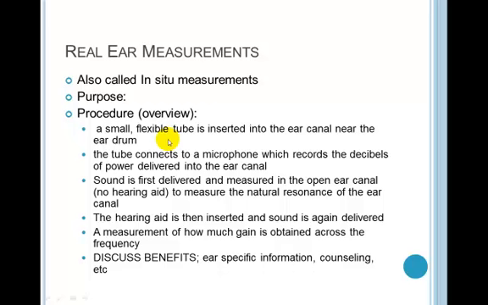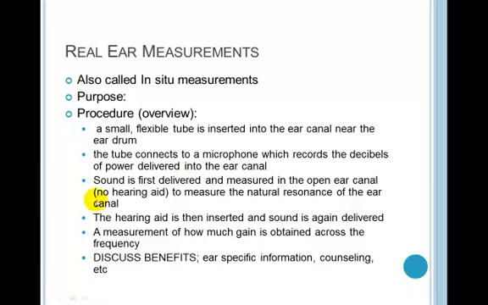And I, as an audiologist, know exactly how far I'm measuring, how far it should be from the eardrum. This tube connects to a microphone that is hooked and looped around the external ear. And that microphone records the decibels of power that another sound generator sends into the ear.